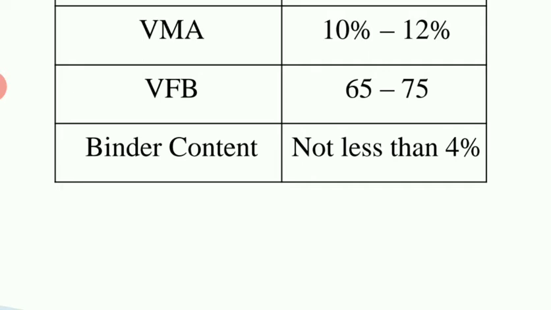And then the VFB. Here VFB is the voids in the mineral aggregate framework filled with the bitumen binder, and it can also be described as the percent of the volume of the VMA that has been filled with bitumen.